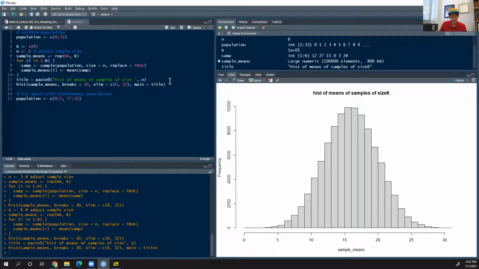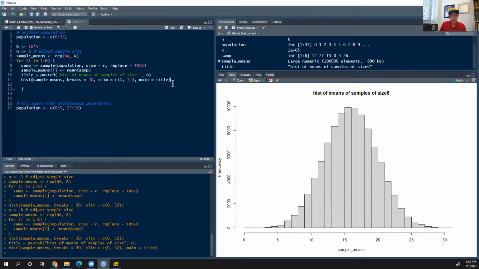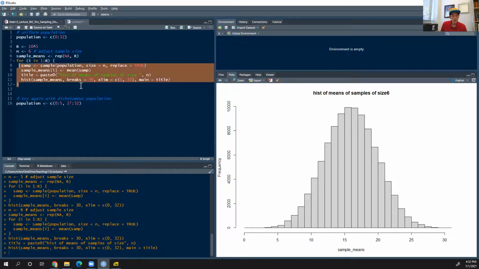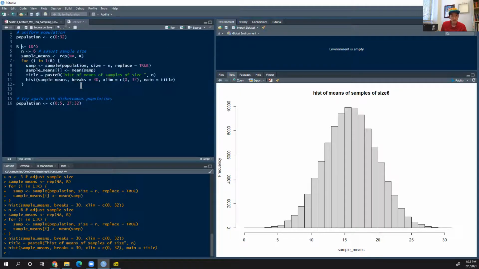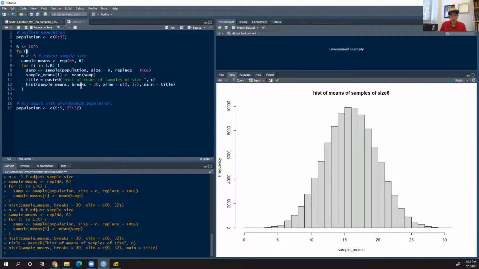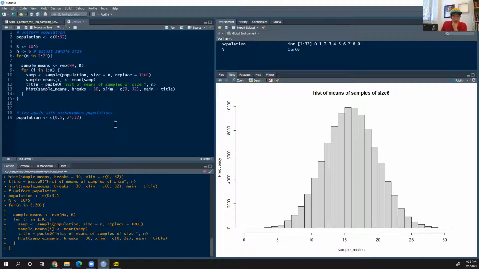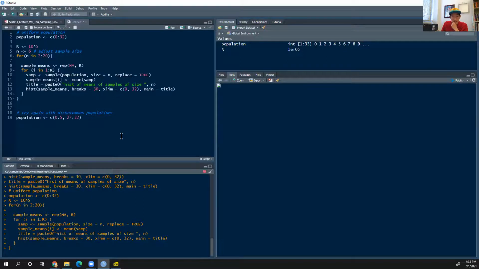Size 6, okay. So you know what, let's put this inside a loop. Wipe all this out. Two through, let's do 20. Okay, we'll do this, make a whole bunch of graphs.